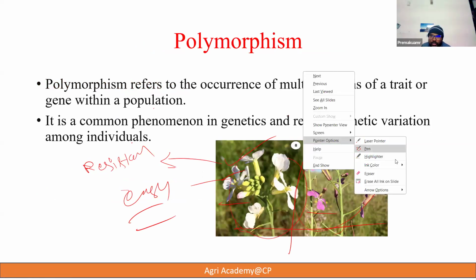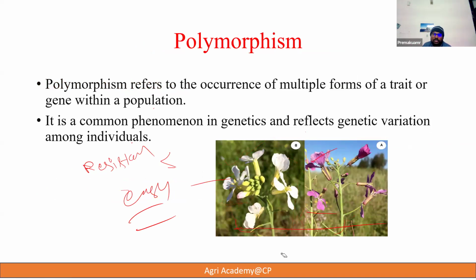You have to give inoculation, then you have to observe, you have to keep them in a particular environment so that the disease can develop. Then after that you have to screen them, score them. Then you can say that this particular plant is resistant and this particular plant is susceptible.